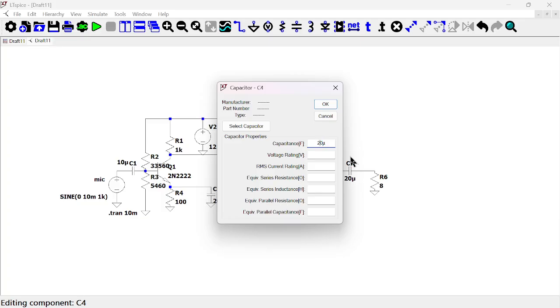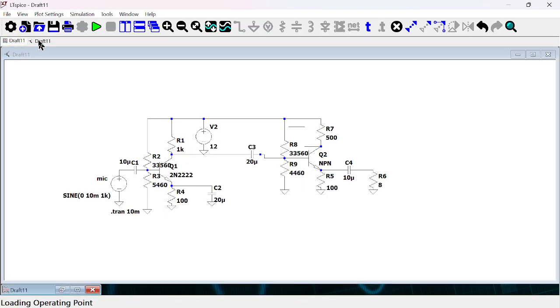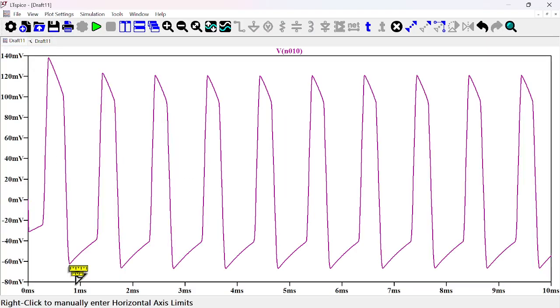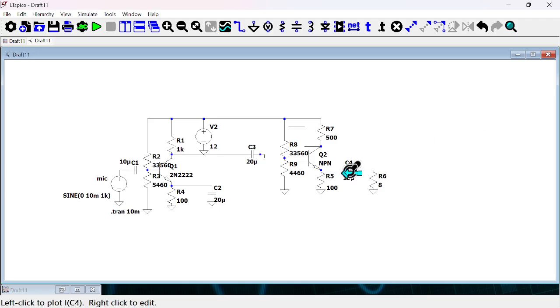So let me look at that and see if it improves. Then that will be the issue. Okay, so let me go higher.